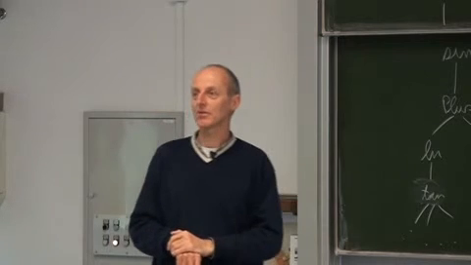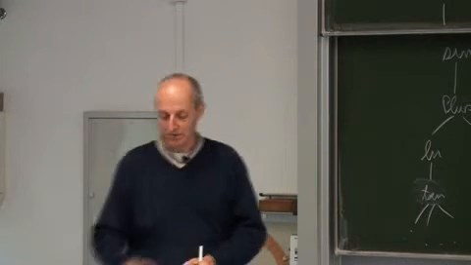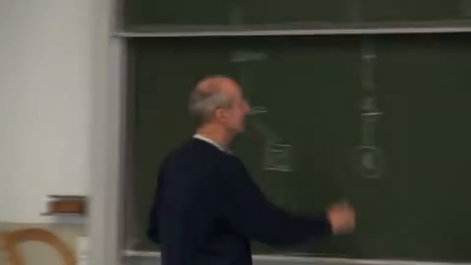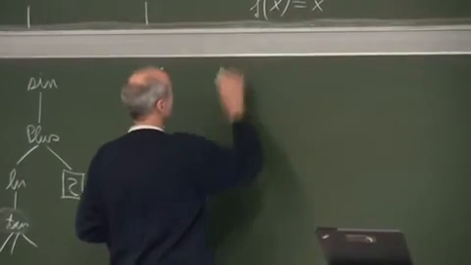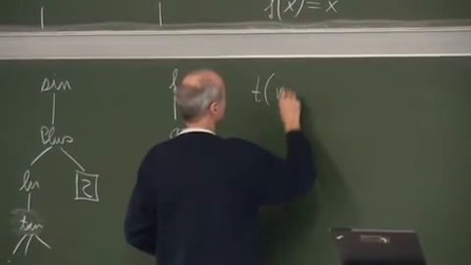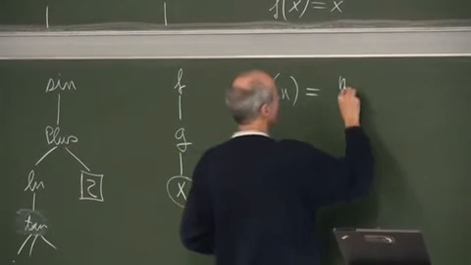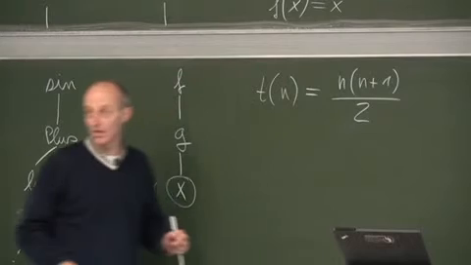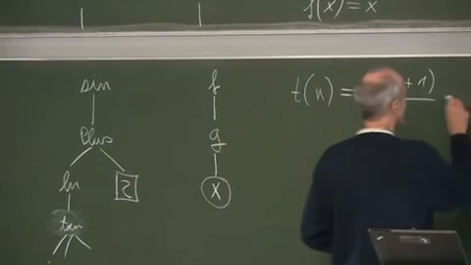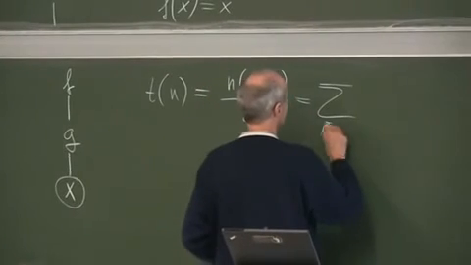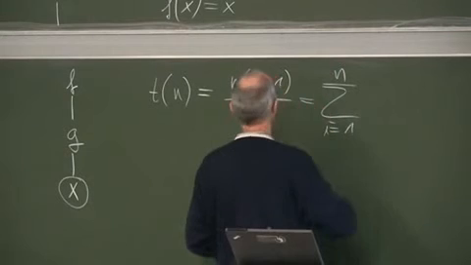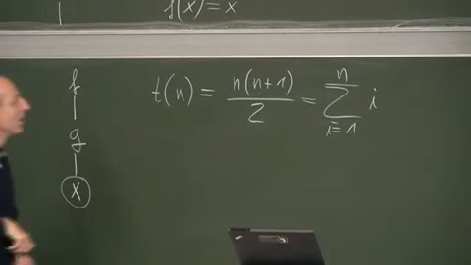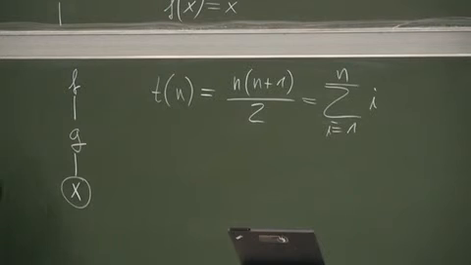These are the triangle numbers, and what are the triangle numbers? These are the numbers, let's call them T of n, which are n times (n plus 1) over 2. And this is nothing but the sum of i equals 1 to n of i. Is that correct?